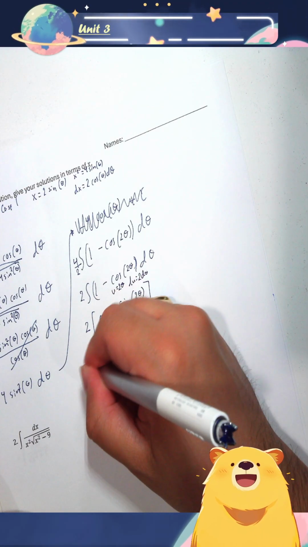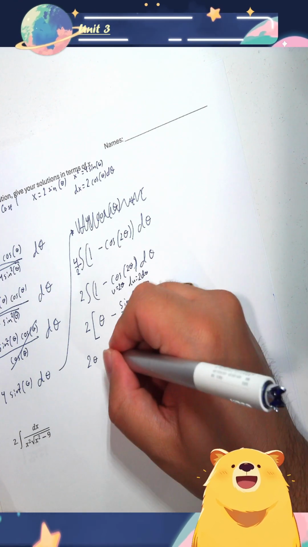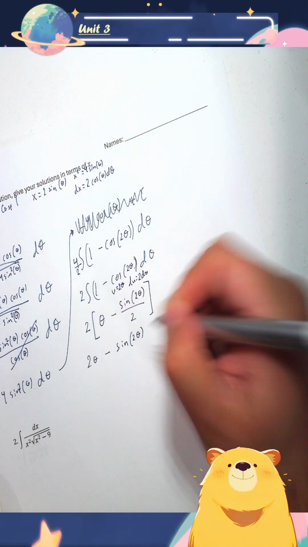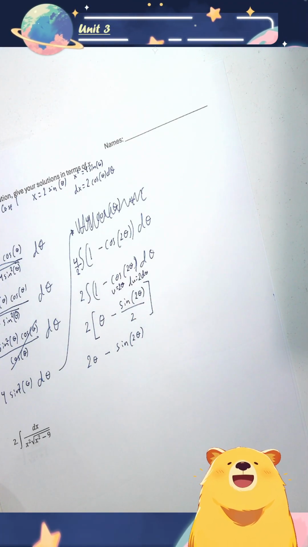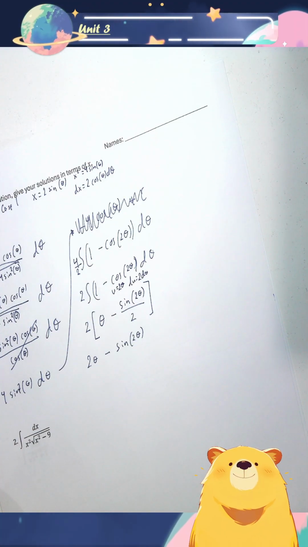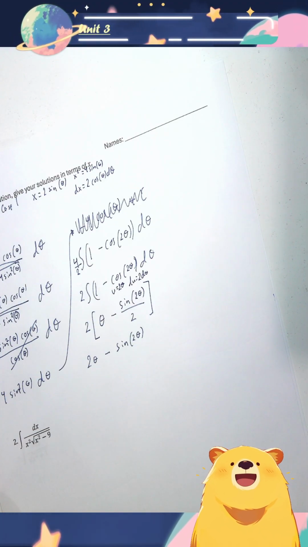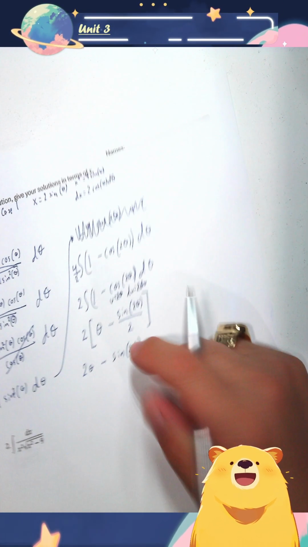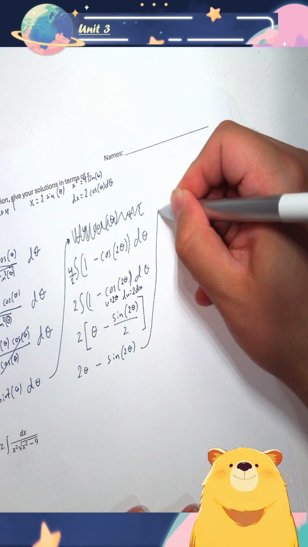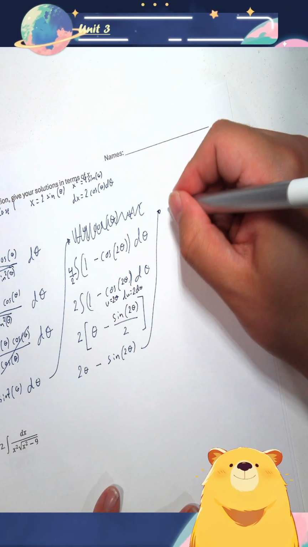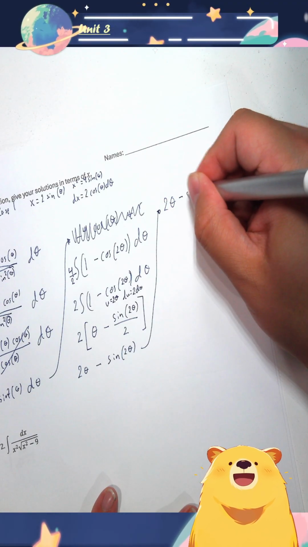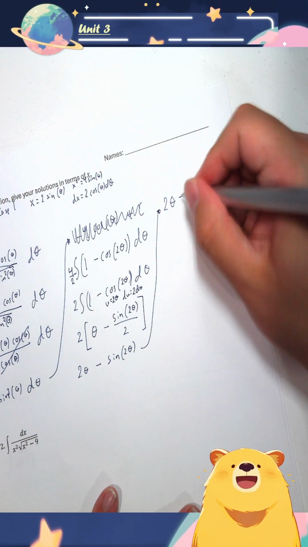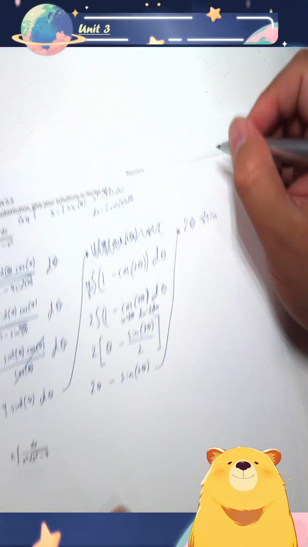I could technically simplify this a step further by distributing the 2. And then afterwards I'll use the double angle identity to get 2 theta minus sine. Wait, yes, 1/2, right?